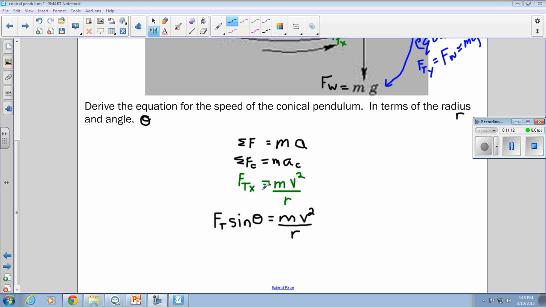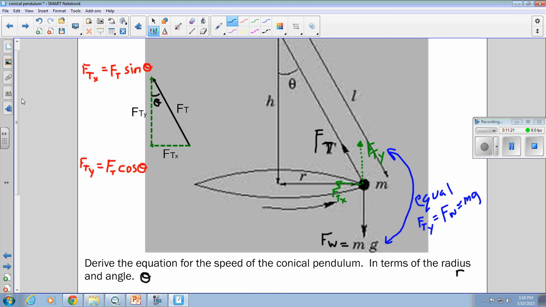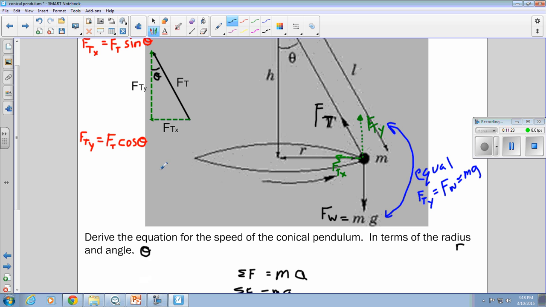So this part steps down to become this because force tension in the x is equal to F_T sine theta. Now we want to put F_T into terms of theta as well, and we can do that by dividing both sides by cosine of theta. But before we do that, we want to get rid of our F_Ty, and we want to put in something that's measurable.